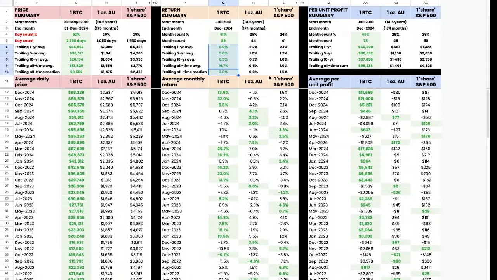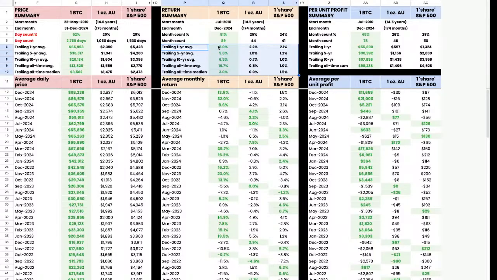Bitcoin is being adopted way faster, around the world, by way more people relative to gold and stocks.